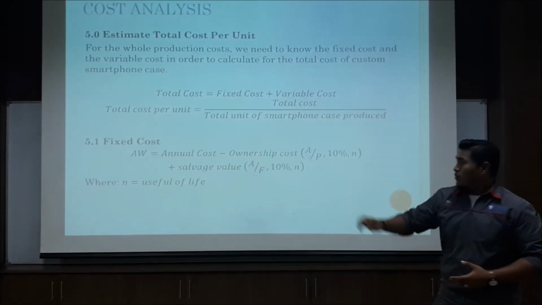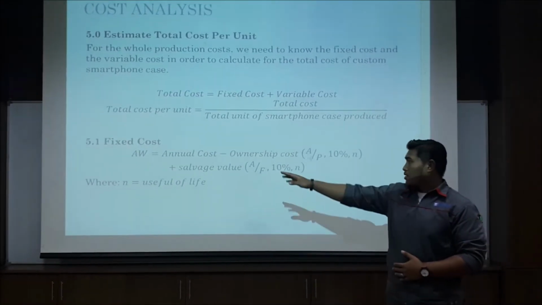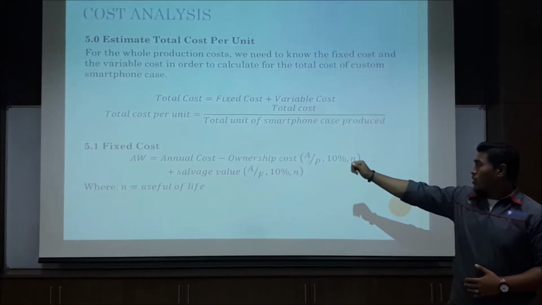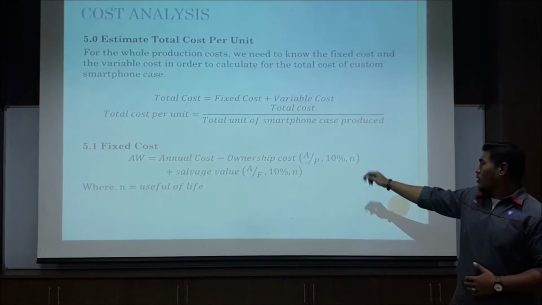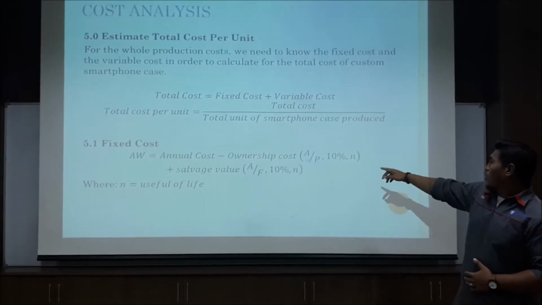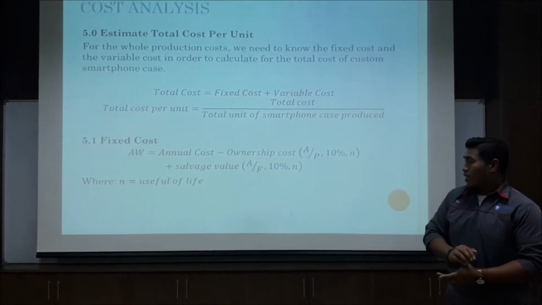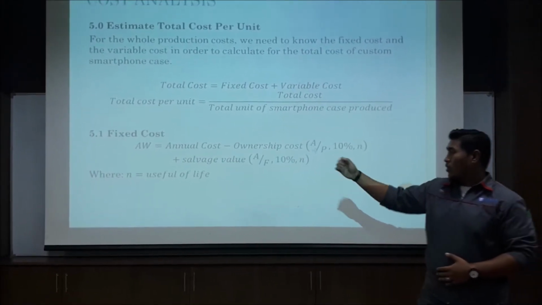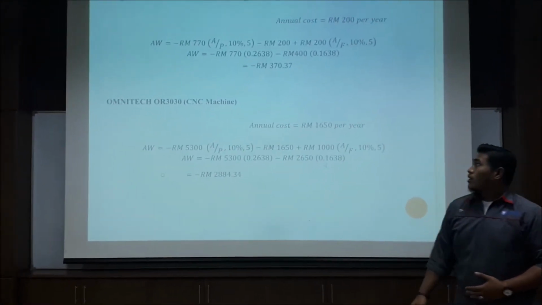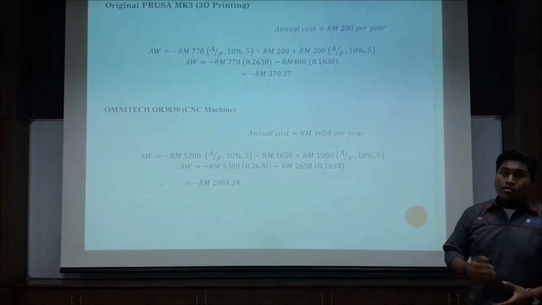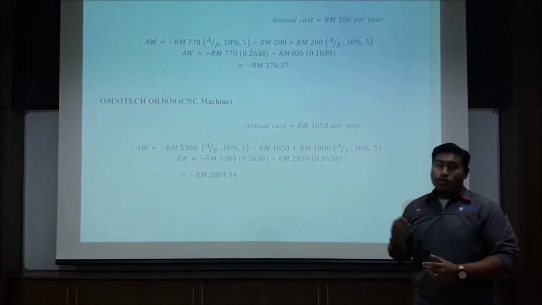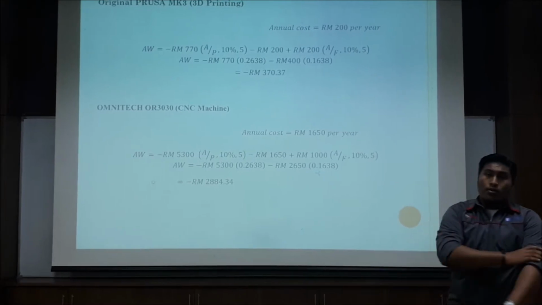Okay, the first one is the fixed cost. The fixed cost is AW, annual worth, equal to ownership cost, A/P at 10% N, minus salvage value, A/F at 10% N, where N is the useful life. In our company, we use 3 machines to produce the custom accessories.